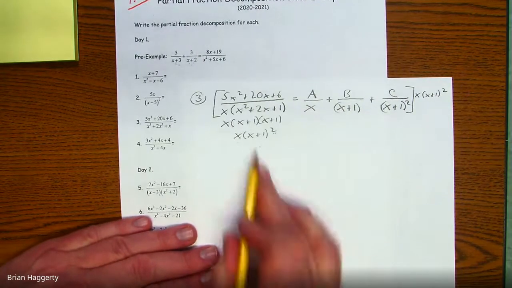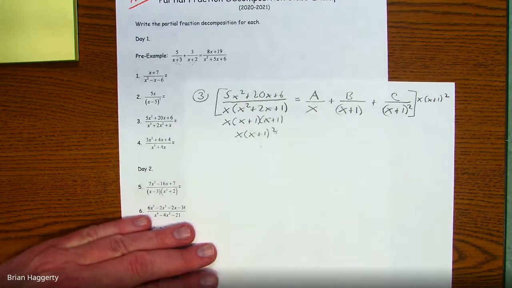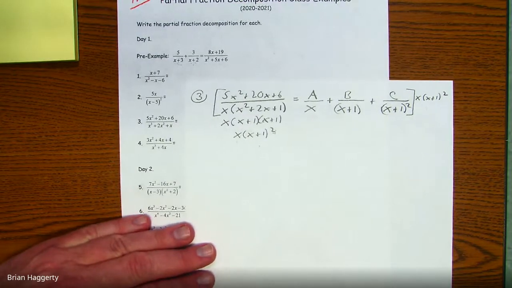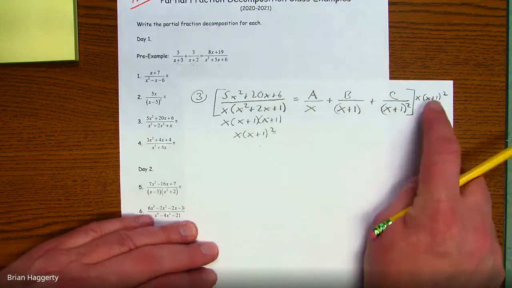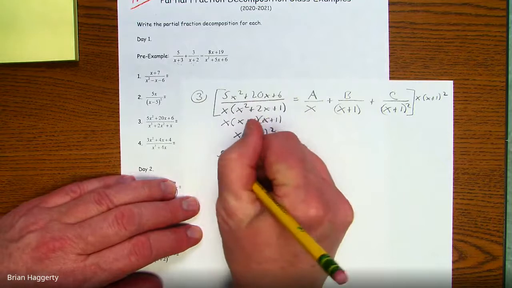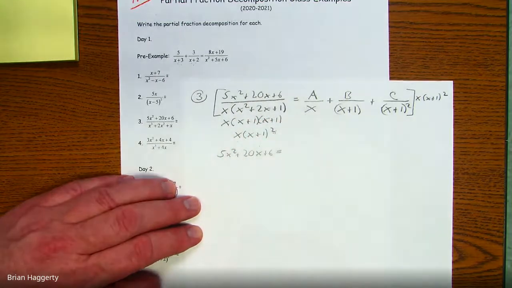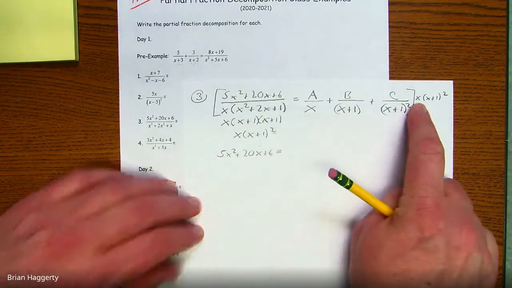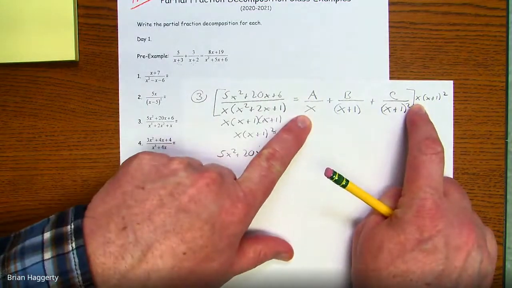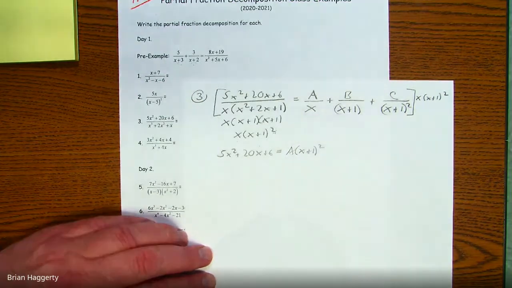Regardless of what this split looks like, at the end of this step we're multiplying through by the common denominator. So on the far left, that cancels with that, and it leaves just the top. For the second fraction, the x's cancel, and it leaves you a times (x plus 1) squared.